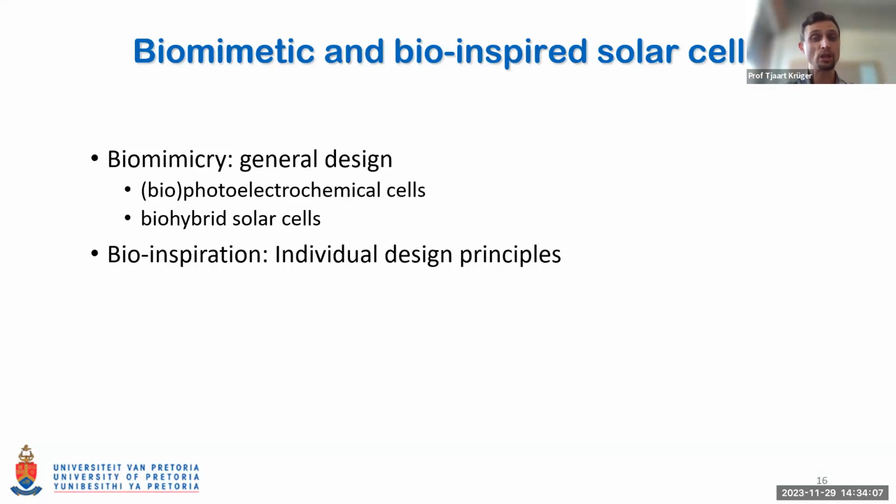So that's taking the general design principle. Biohybrid solar cells can also be seen as a kind of biomimetic system. In this case, the system is not only emulated, but as part of that, the full photosynthetic system, or part of it, like the photosystems or the biomolecules, the pigments, are used in this design.